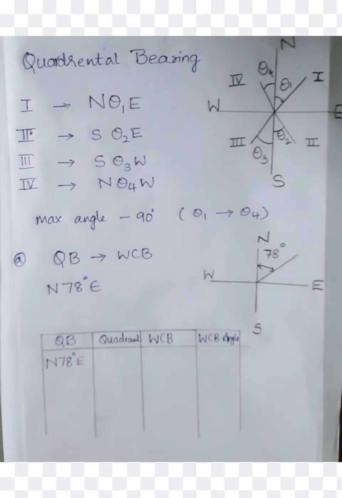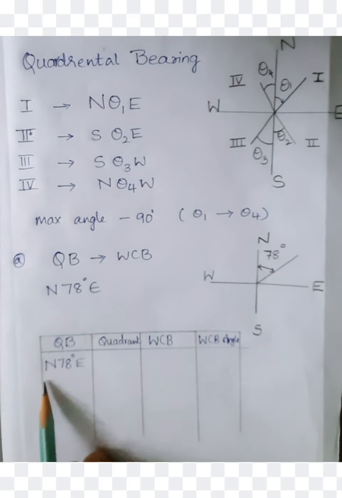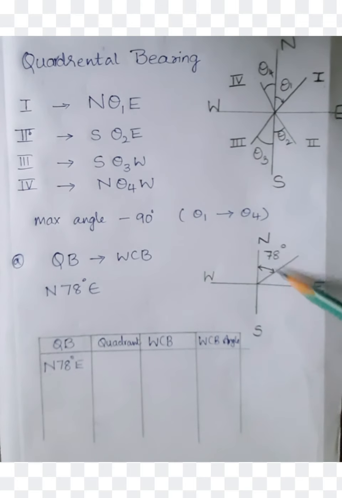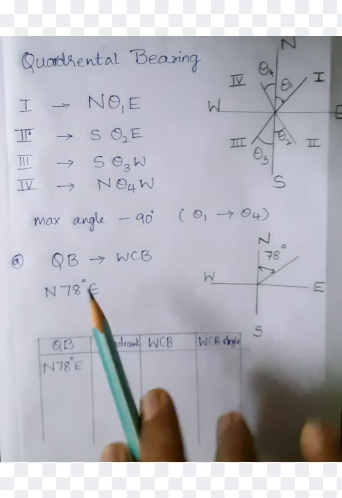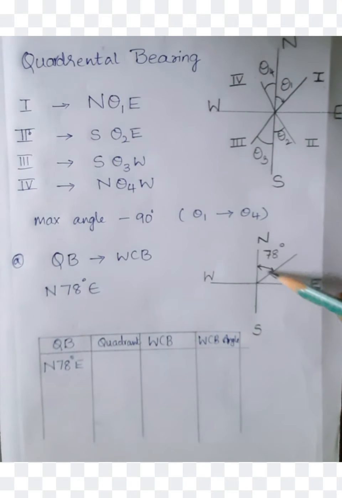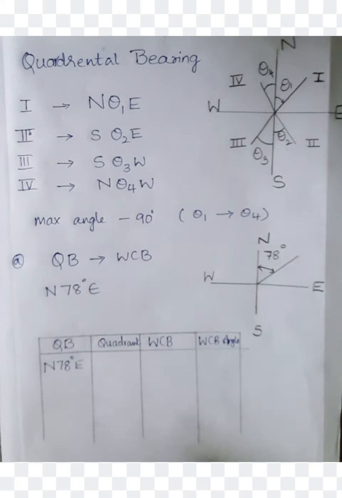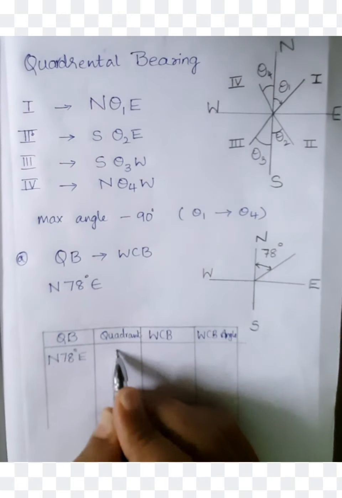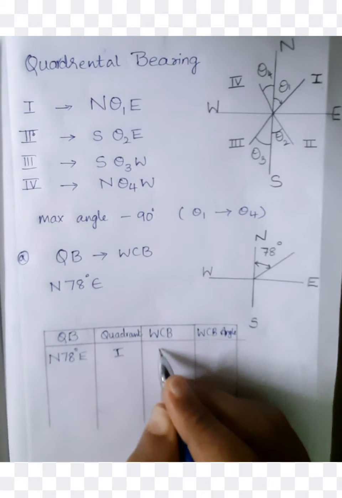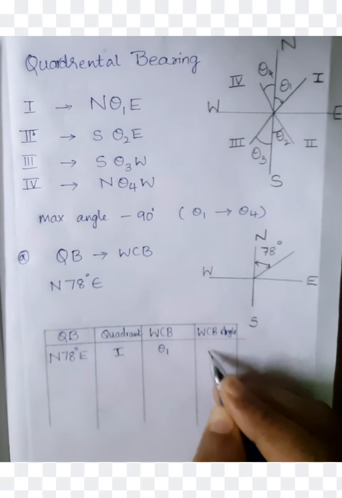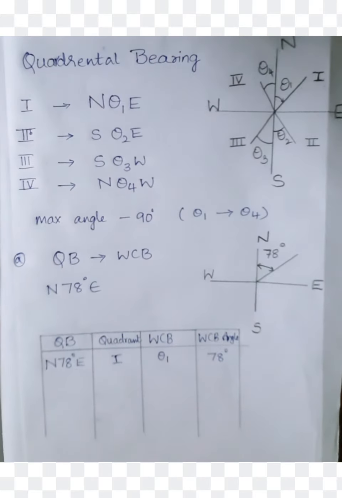Northeast means it belongs to the first quadrant, from north 78 degrees. In the whole circle bearing system, the first quadrant angle is similar to quadrantal bearing, so this 78 degrees remains theta 1 only. The WCB angle is 78 degrees.